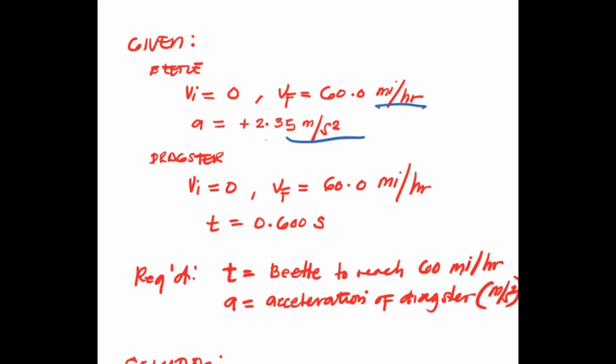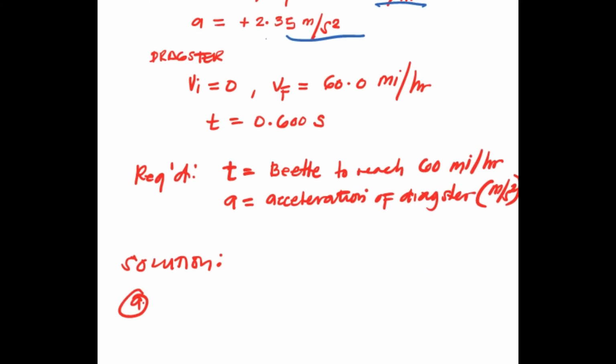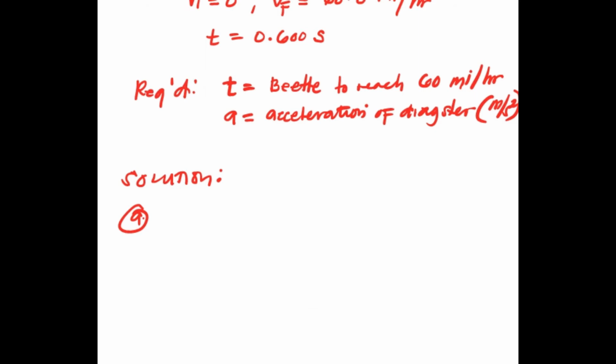So we need to convert. The conversion factor: 1 mile per hour is approximately equal to 0.4470 meters per second.